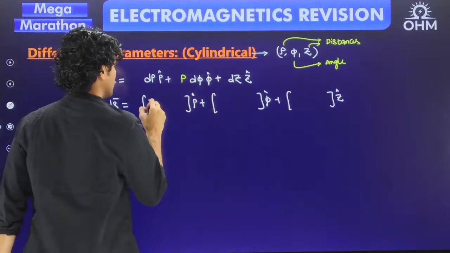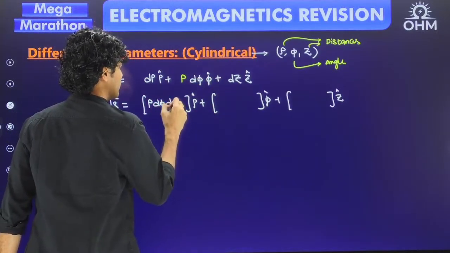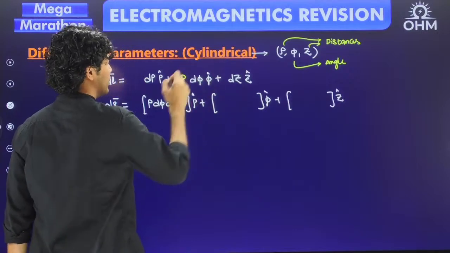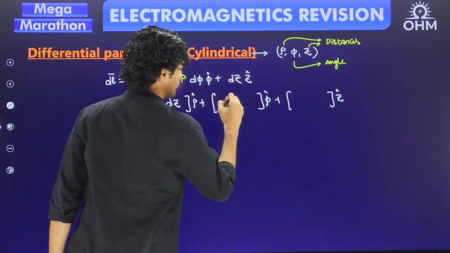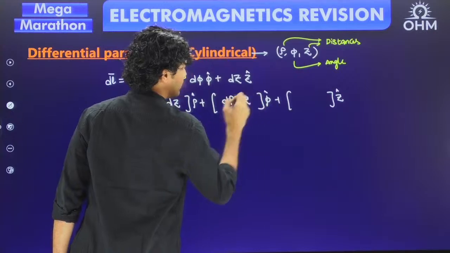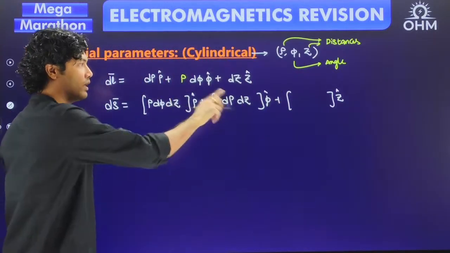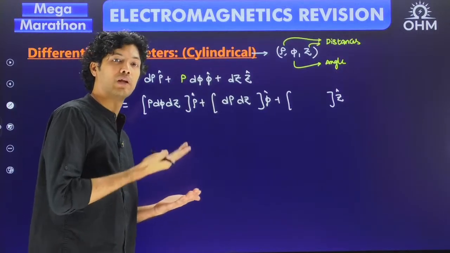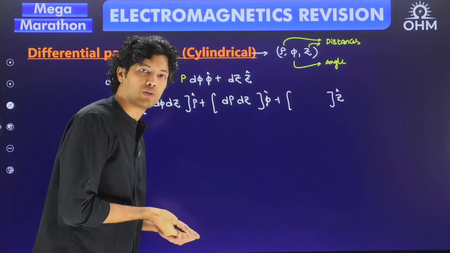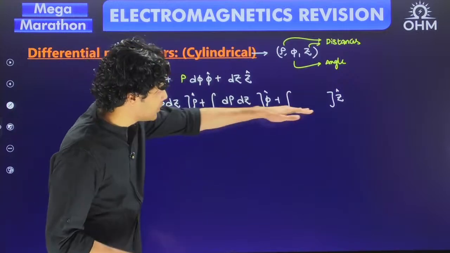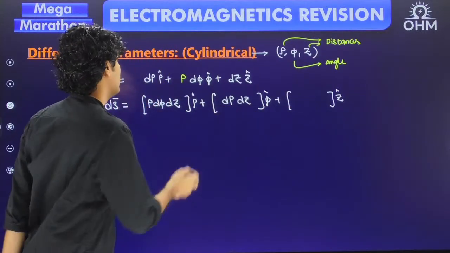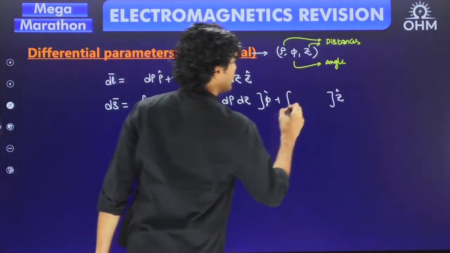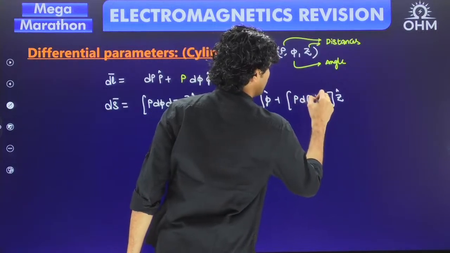Along phi cap direction, d rho dz. Along z cap direction, this z cap term is very important because a lot of questions that will be given to you will be on the xy plane, and the direction perpendicular to the xy plane is nothing but z cap. So z cap area is important, which is rho d rho d phi.